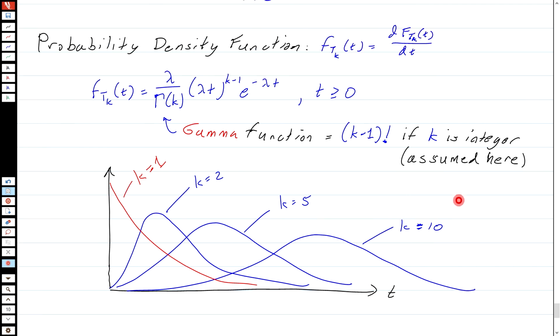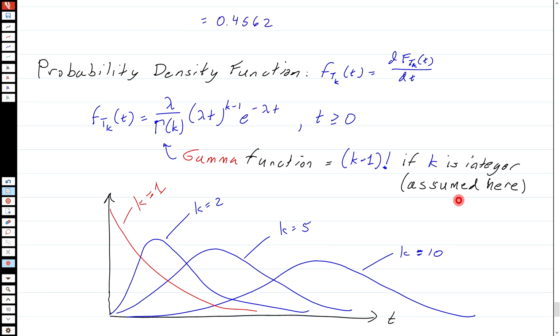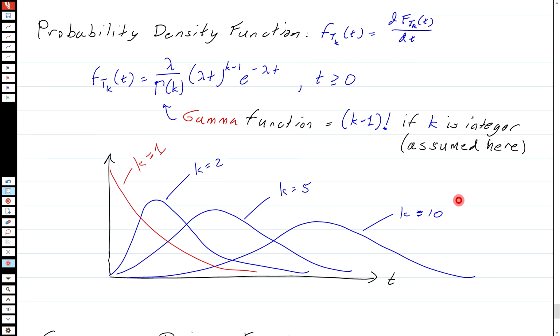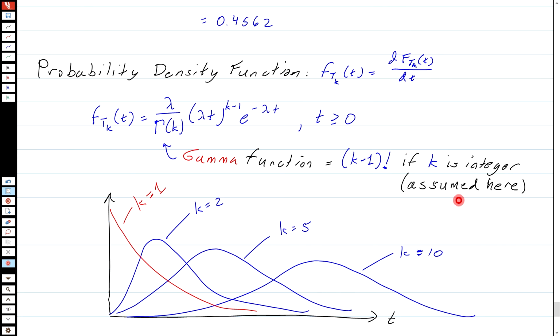We'll see something later called the central limit theorem, and it says that sums of random variables tend to a normal distribution. We haven't actually covered the normal distribution, but I'm sure you are all familiar with it. It's the bell-shaped curve.